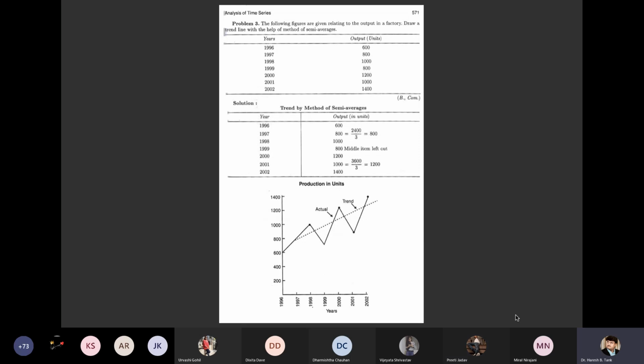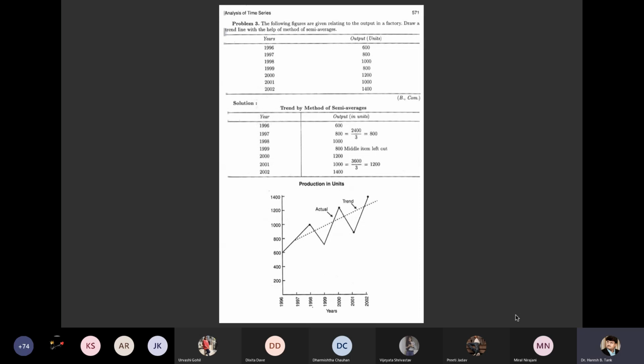Divide it by 3, what you will get is 1200. Naturally, you could observe that one of the values in between these two groups, having output of 800, is to be eliminated, or left out, you can say, which is exactly the middle item.